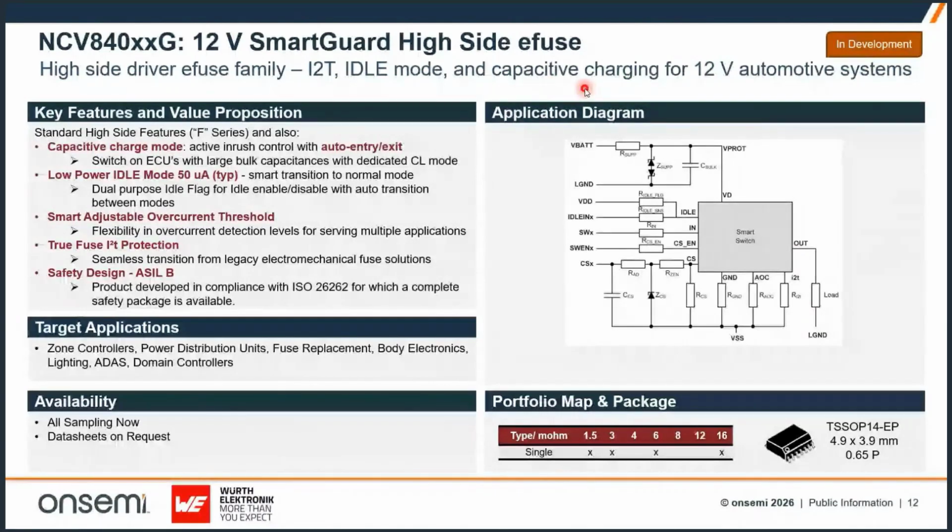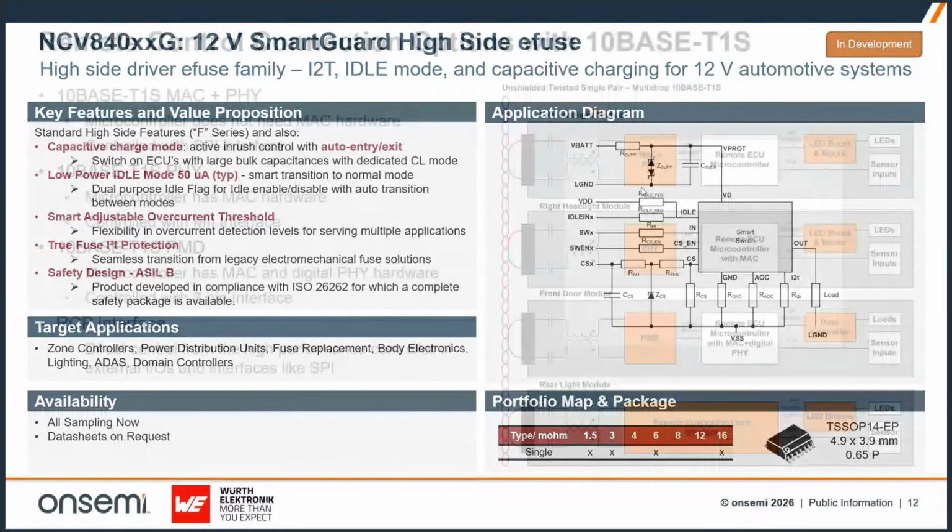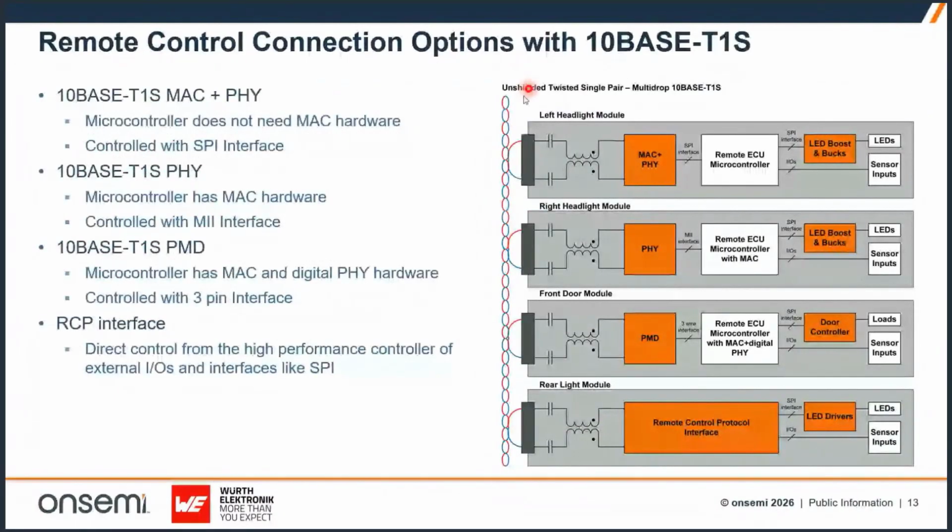So we have two different versions of these devices covering a wide range of products. We mentioned already the different types of 10BASE-T1, and we showed briefly the different options for 10BASE-T1S. We have something which will work with a standard microcontroller if you want to keep the microcontroller software you already have.